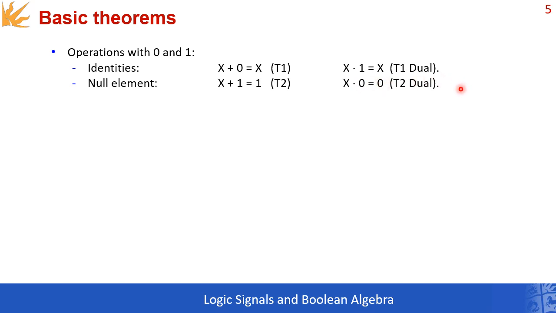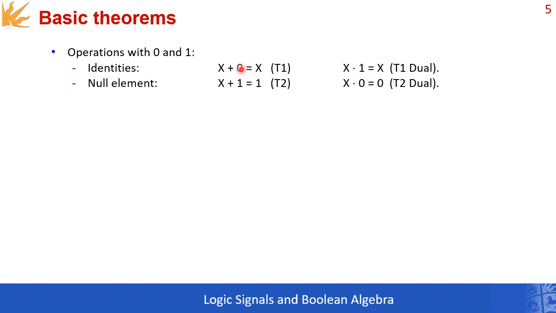Now, if you pay attention, you will realize that from the first and the second theorem, we can extract one thing in common, and that is that if you have one theorem for OR, then it has its dual for AND, by using a different symbol.